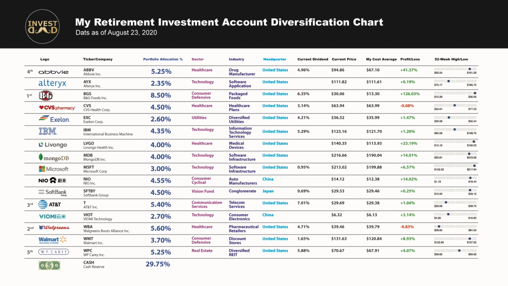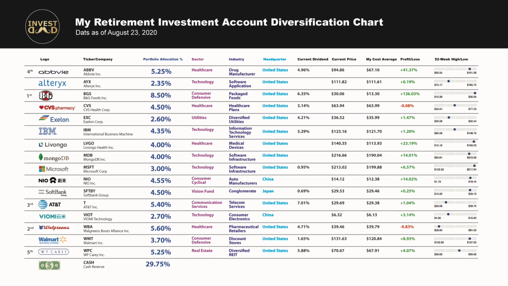I used to have double the dollar amount in BGS, one of my biggest winners this year so far, with a return of over 125%. Due to its tremendous gain, it was up as high as 16% of my portfolio at one point.